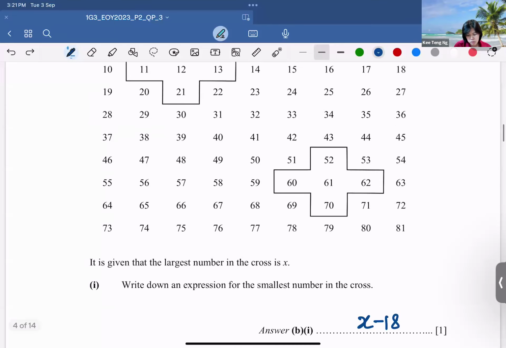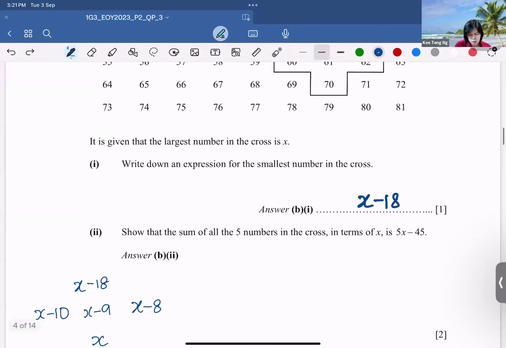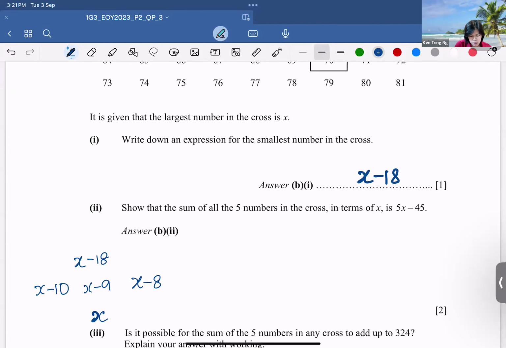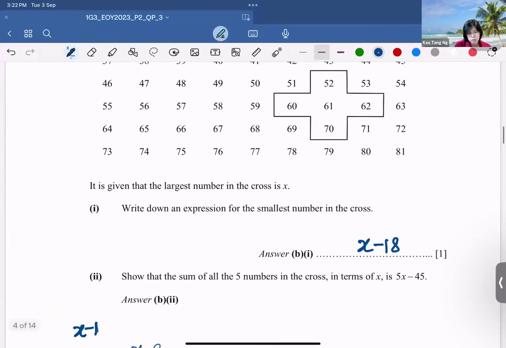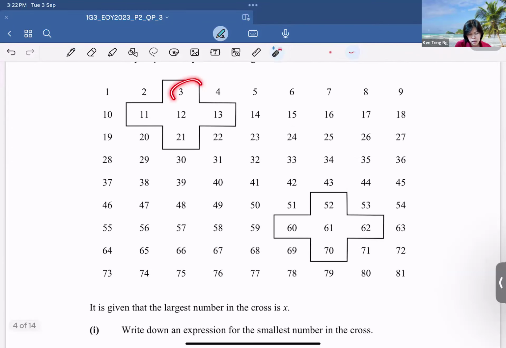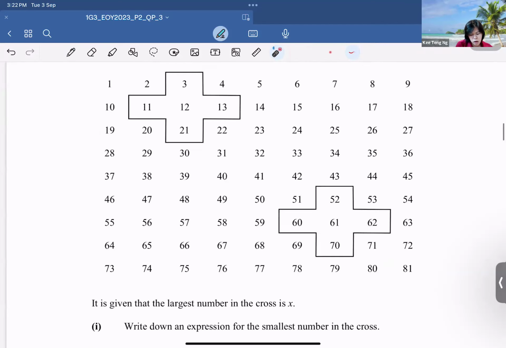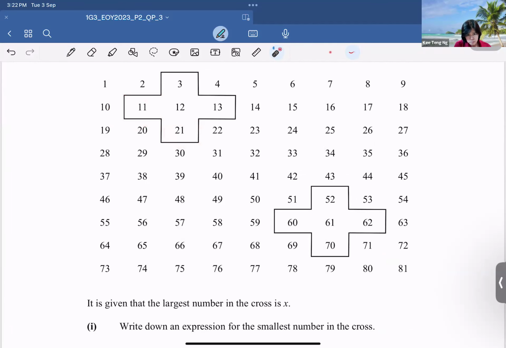The question says given that x is the largest number in the cross, meaning in my cross, if x is my largest number, the smallest number's difference is 18. So I'll minus away 18, so the answer is x minus 18. Then from 21, how do we go to 11?